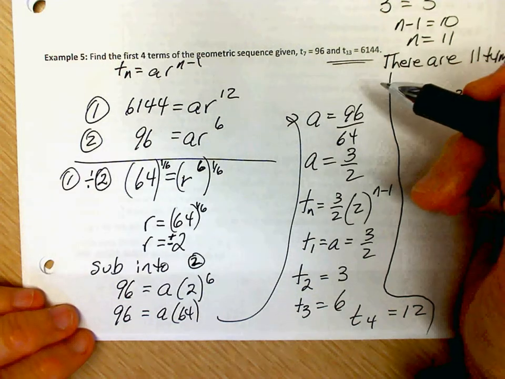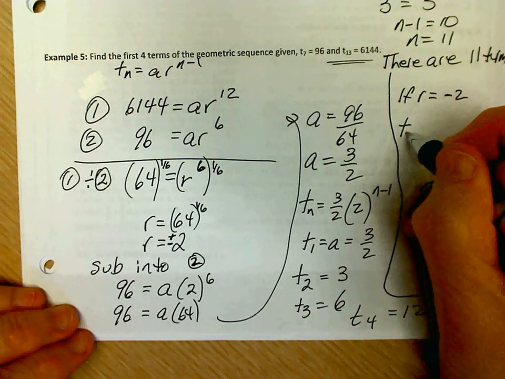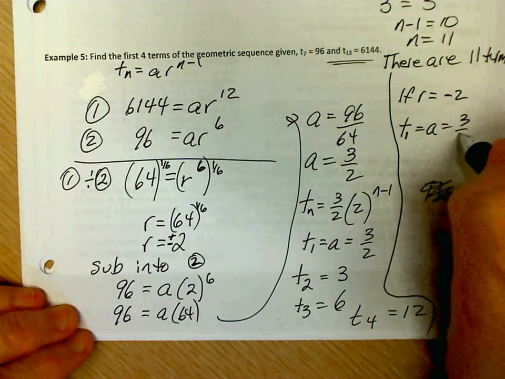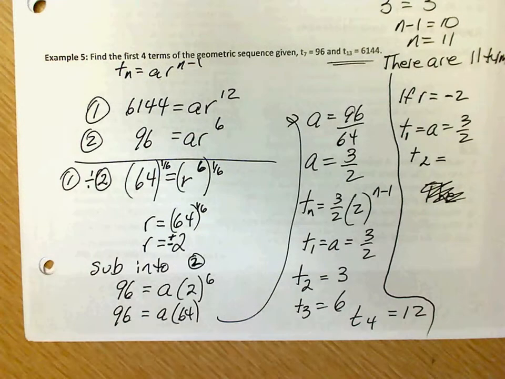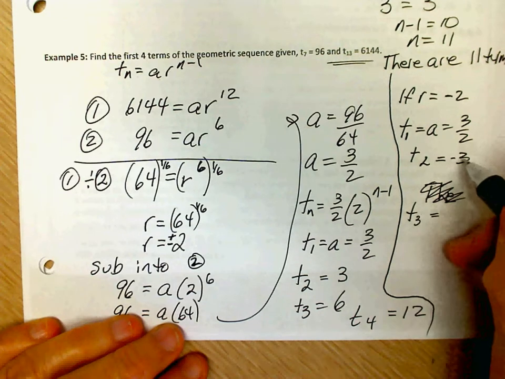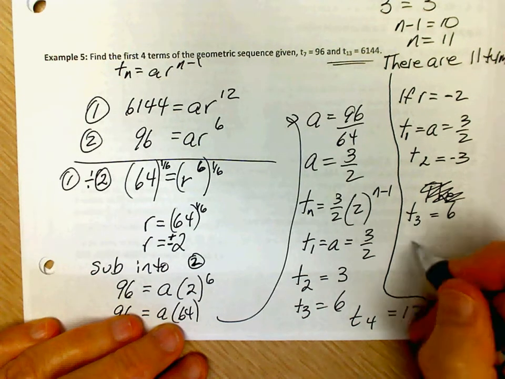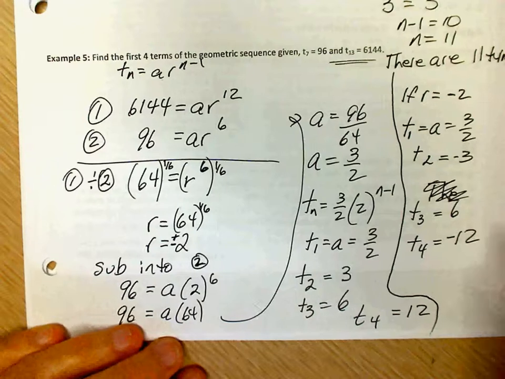If R equals minus 2, then T1 equals A, which is 3/2. T2 is negative 3. T3 equals negative 2 times negative 3, which is 6. T4 equals 6 times negative 2, negative 12. So we have two answers.